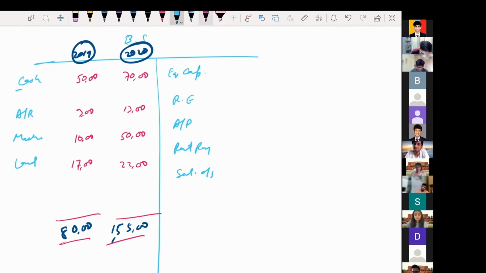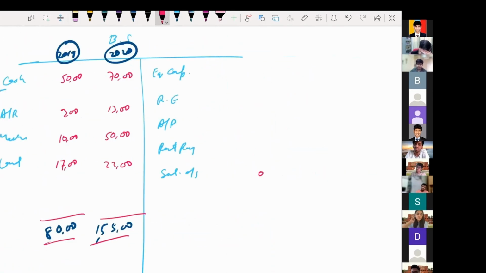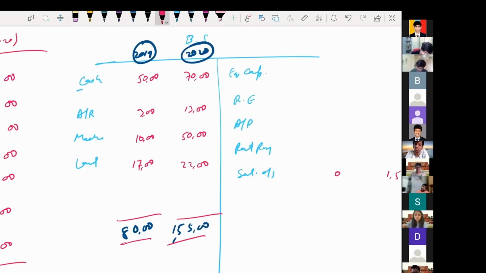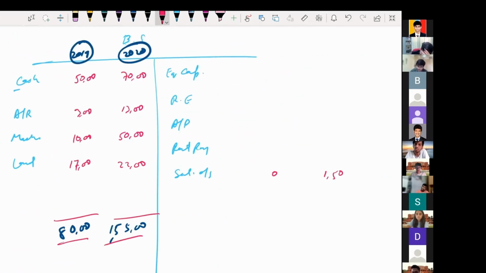Salary outstanding, earlier it was 0. Salary kitna bhaiya idhar? 2 lakhs ka na. Earlier it was 0. Now it is 1,50,000. Okay. Rent payable. Earlier it was, let us say 2 lakh, and now rent payable is 1 lakh. Let us say accounts payable.